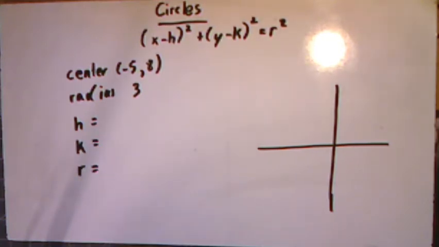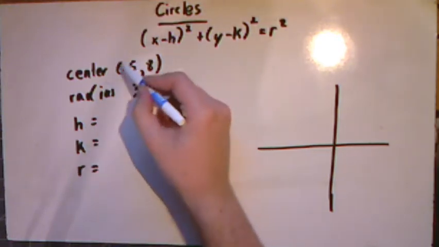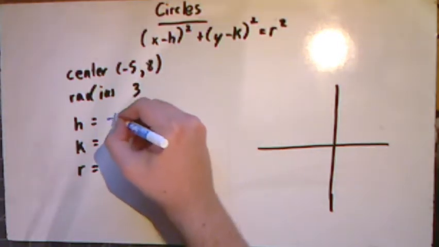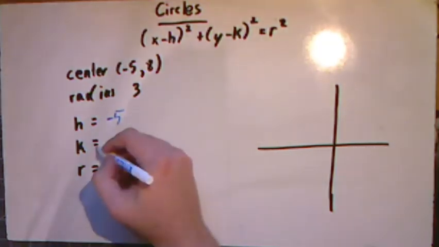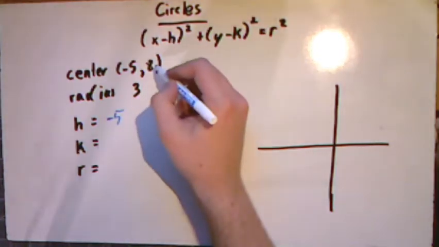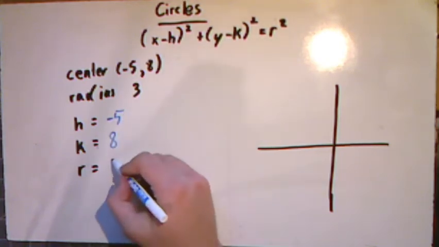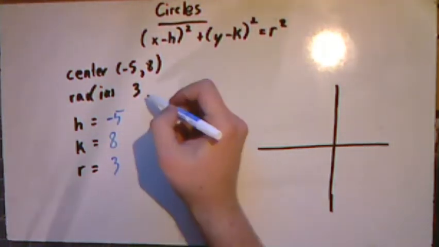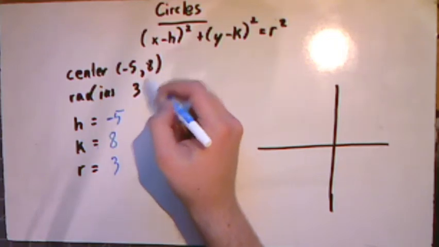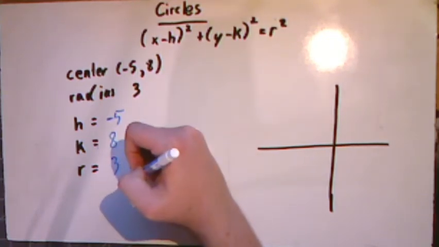And so in this case, our h value comes from the x value of the center, so that would be -5. Our k value comes from the y for the center point, which is 8, and our r is the radius, which is 3. Now, of course, if you were given the diameter, you would just take half of the diameter in order to get the radius.